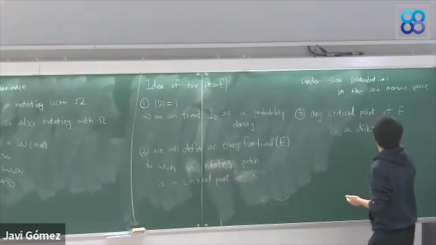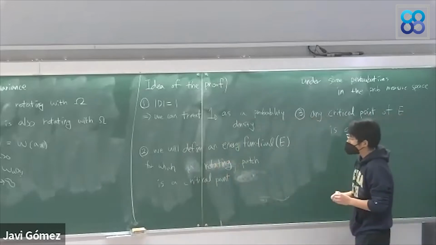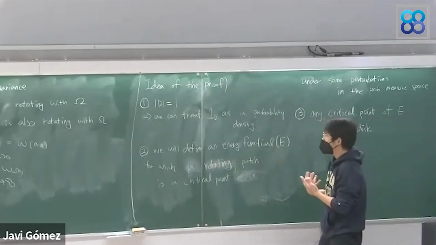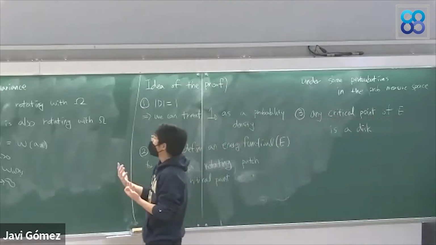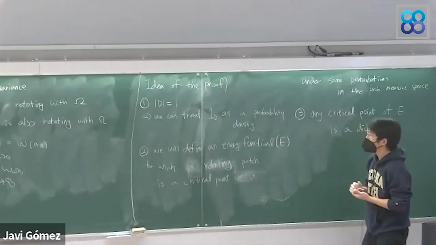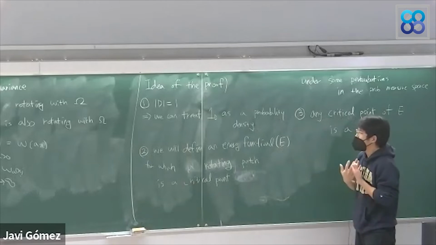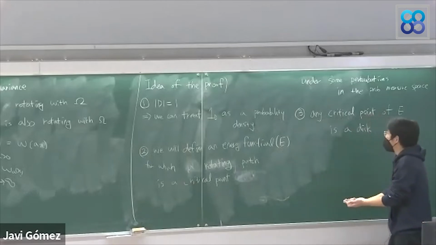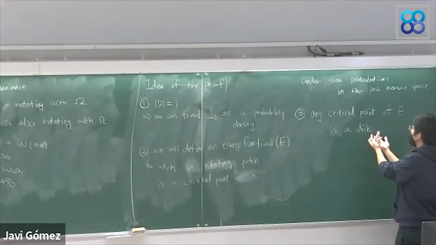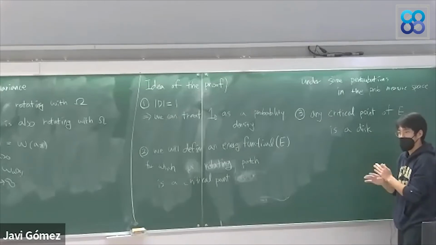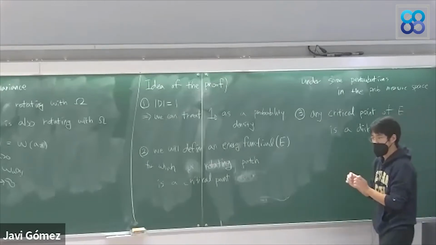We will treat this rotating solution as a probability density. At the second step, we will prove that it is a critical point of some energy. But the third step says that any critical point has to be a disk. That means your given rotating solution has to be a disk. So the proof is done, right?